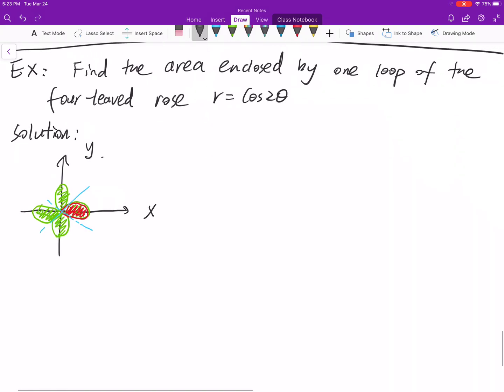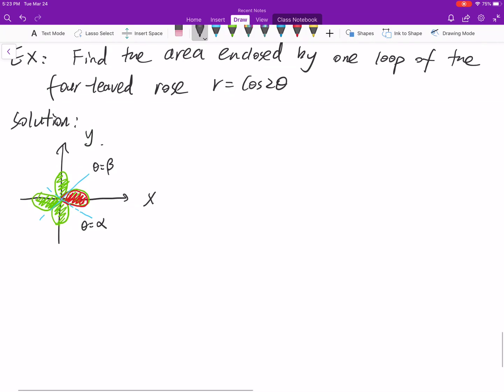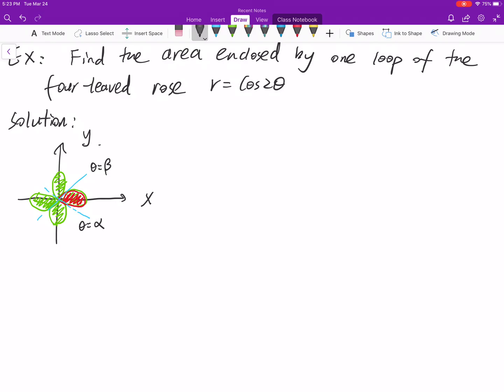Okay, so first we need to figure out the angles alpha and beta. The geometrical meaning of the angles alpha and beta is that they make r to be 0.